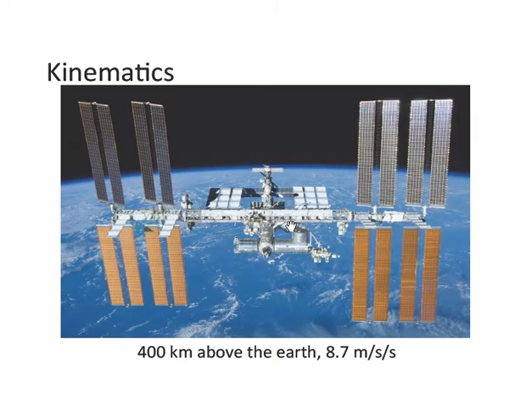You'll think, oh, there's no gravity out in space. That's not true. If you take a grade 12 course in physics, you understand why the astronauts look like they're floating. The Earth's acceleration due to gravity at 400 kilometers above the Earth is still significant at 8.7 meters per second squared.